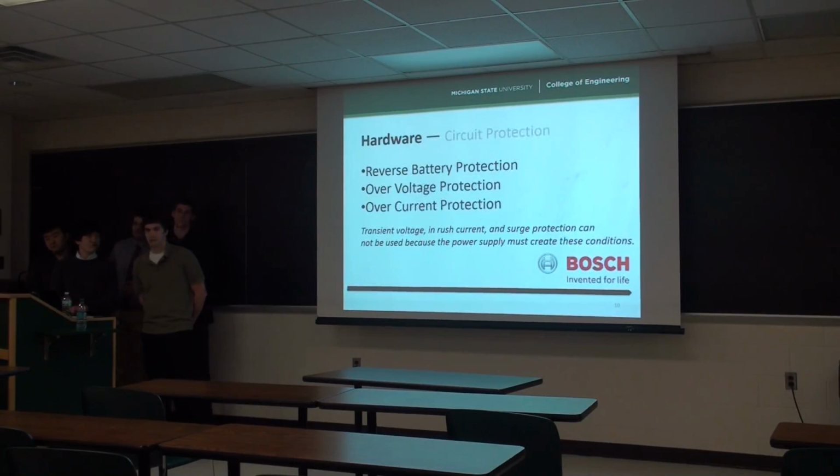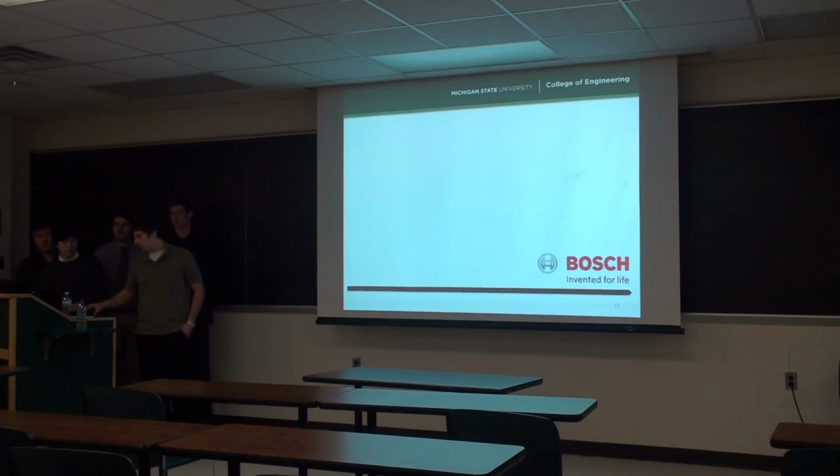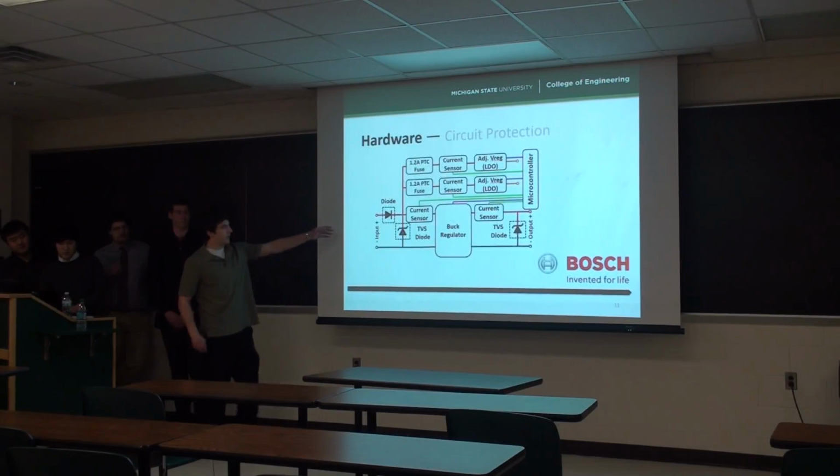One of the main things we wanted to consider is circuit protection. This hardware will be running overnight, so we wanted to ensure that the devices they hook up, since a lot of them are concepts, are protected. So to do this, we implemented reverse battery protection, over voltage protection, and also current protection. And this is just a basic block diagram.